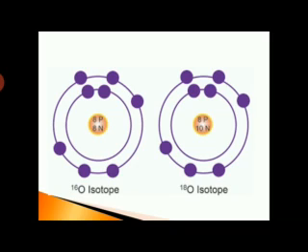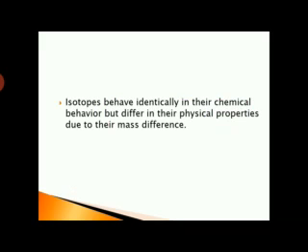A nucleus will have 1 or more isotopes. And another important property of isotopes is that isotopes behave identically in their chemical behavior but differ in their physical properties due to their mass difference. So their chemical behavior is the same and their chemical symbols are the same. The number of protons is the same.